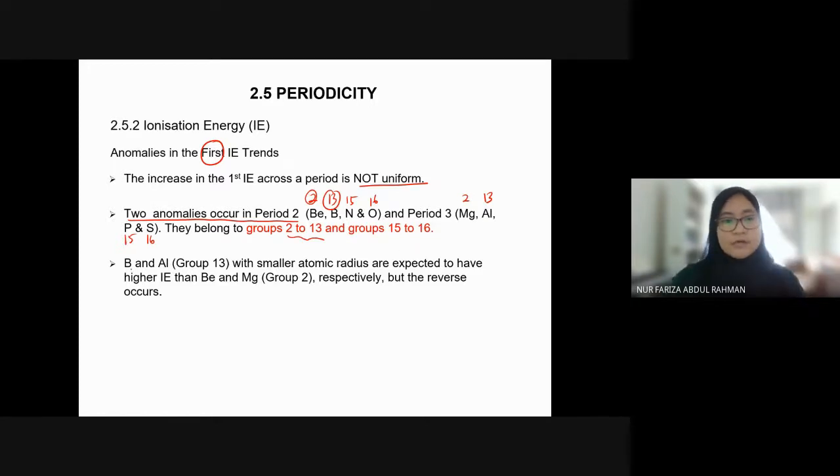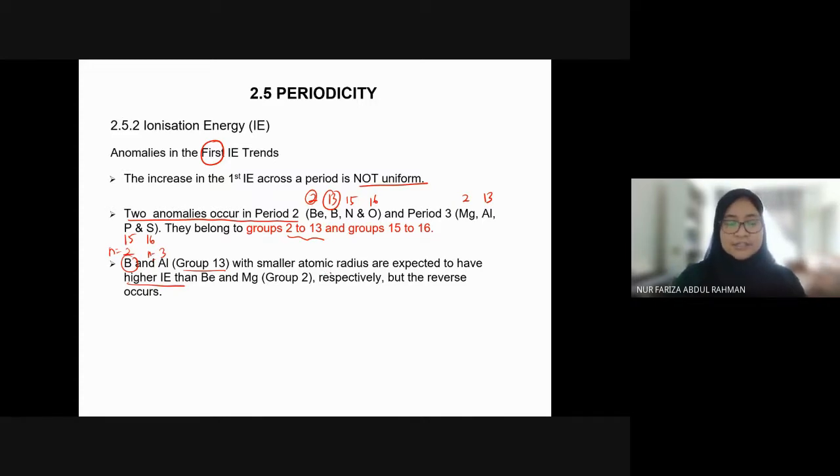Okay, all right. So boron and aluminium, both of them come from group 13. Only this is period 2, this is period 3. Okay, this is n equals 2, this is n equals 3. Boron and aluminium with smaller atomic radius are expected to have higher ionization energy. Okay.